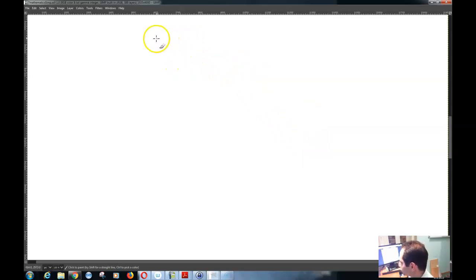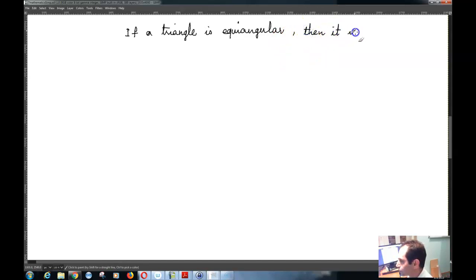If a triangle is equiangular, then it is an obtuse angled triangle.